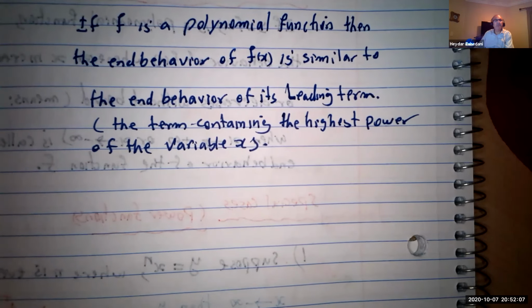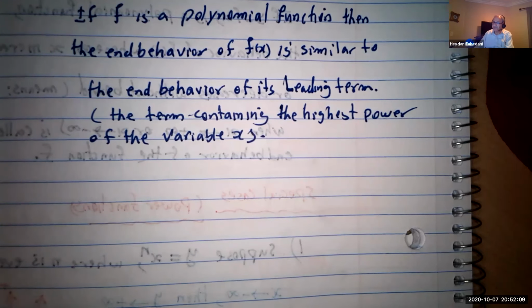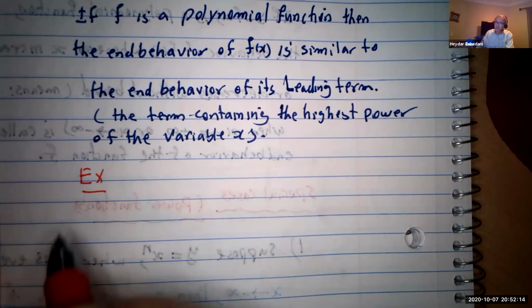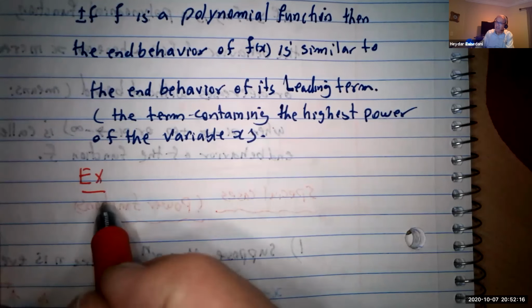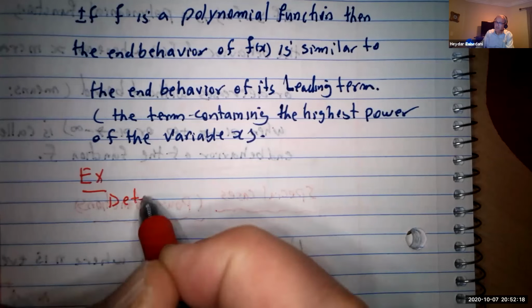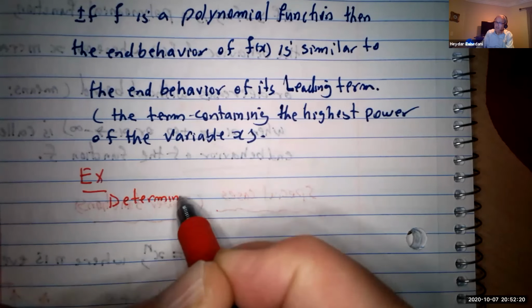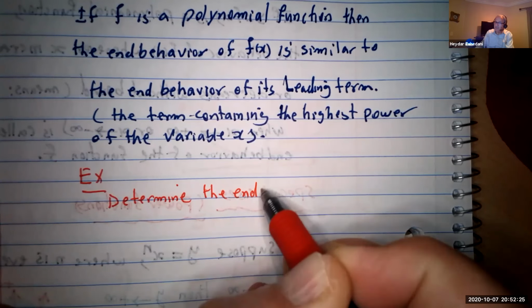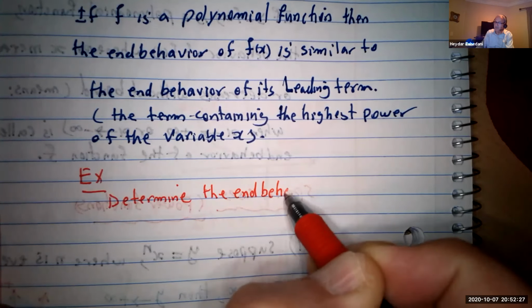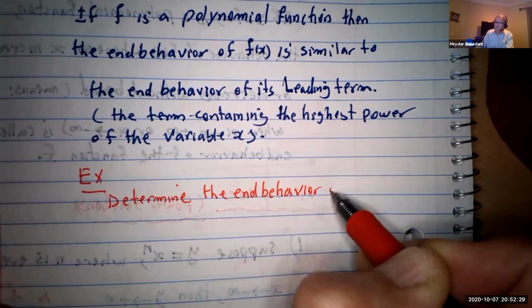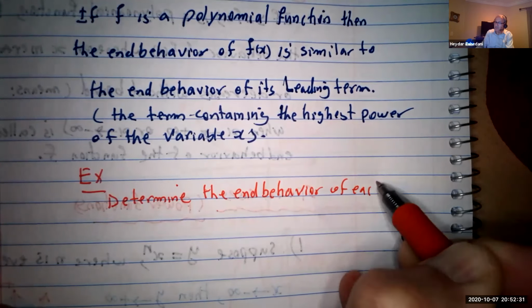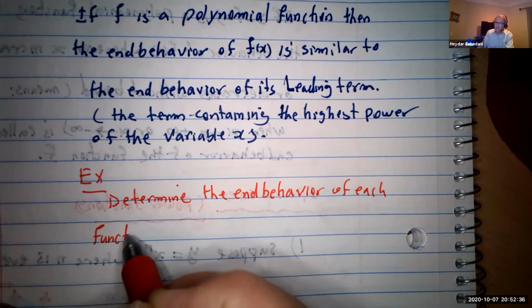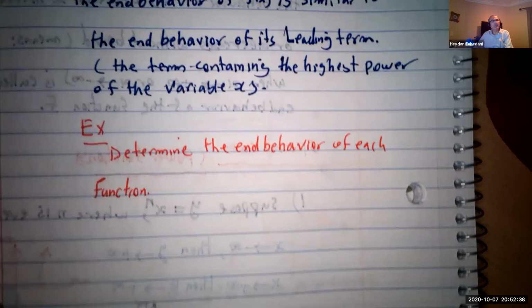Let's give an example to identify what we are talking about. We want to determine the end behavior of each function. Those functions, of course, are going to be polynomial functions.